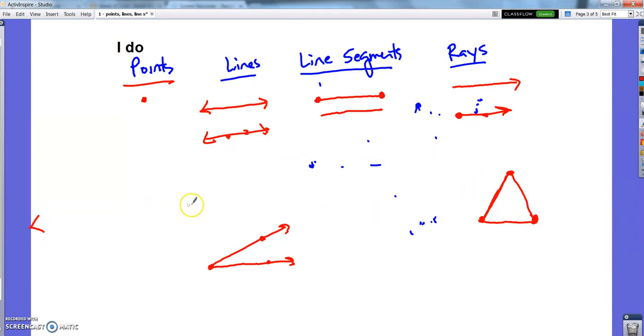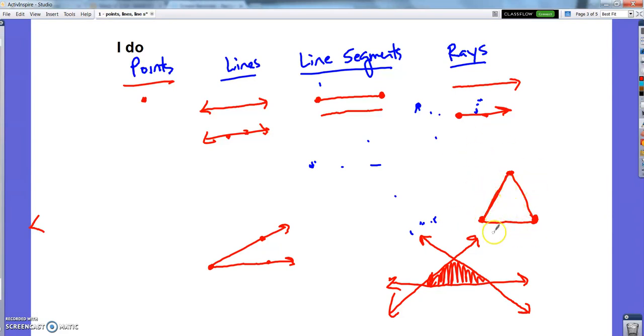It's kind of fun, you can use lines to draw a shape. I could draw a triangle with lines. The lines keep going, but I do have that triangle. But you don't usually do it. Usually you draw geometric shapes with line segments.